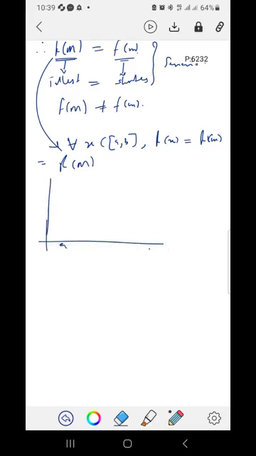So we have a and we have b. We already know that a and b have the same value.